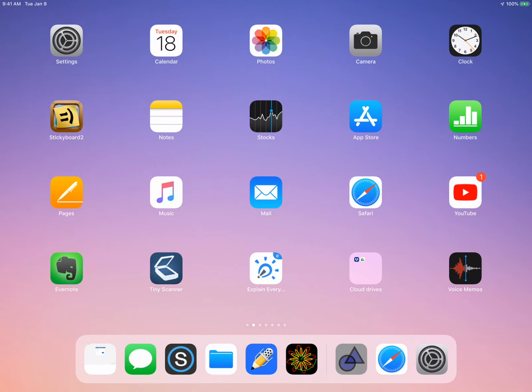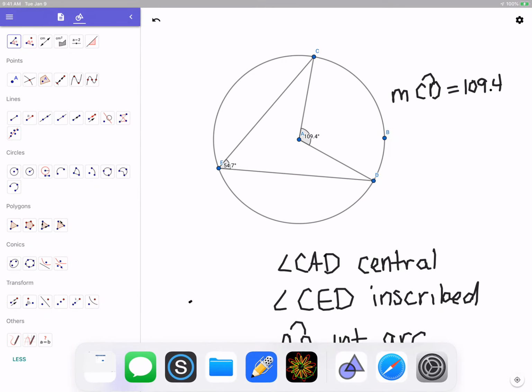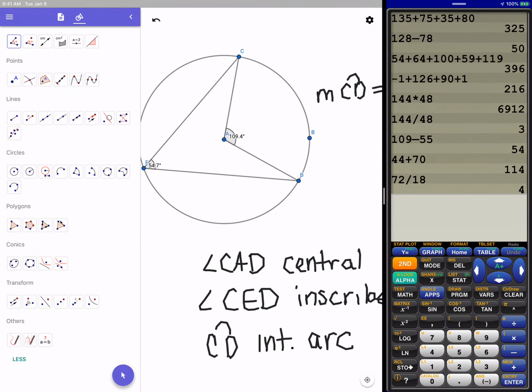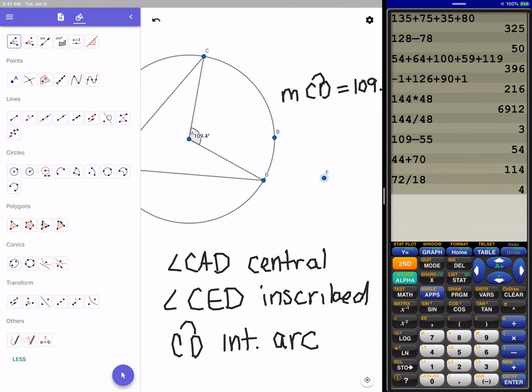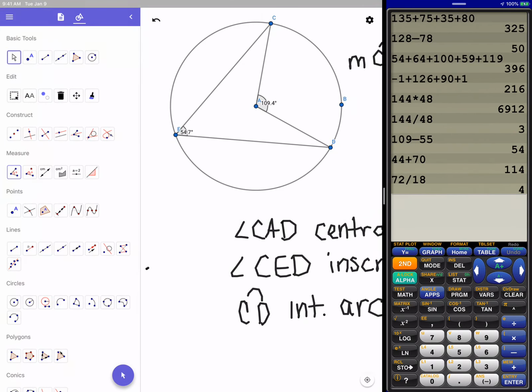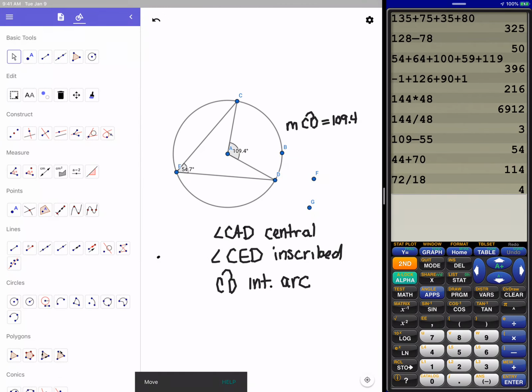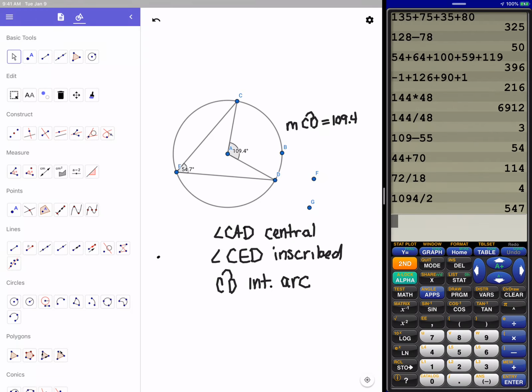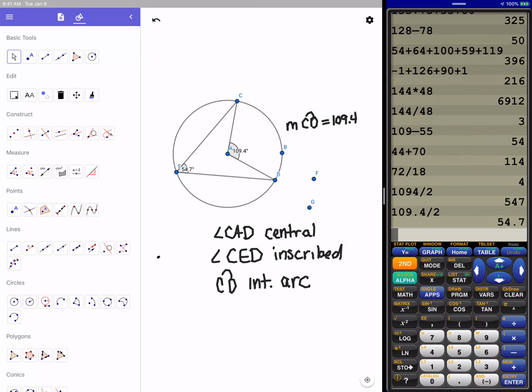and you'll notice that I get 54.7. Well, that is definitely a significant value compared to 109.4. I don't know if you have noticed what that relationship is just quite yet, but if we take 109.4 and cut it in half, we get 54.7. 109.4 divided by 2, we get 54.7.